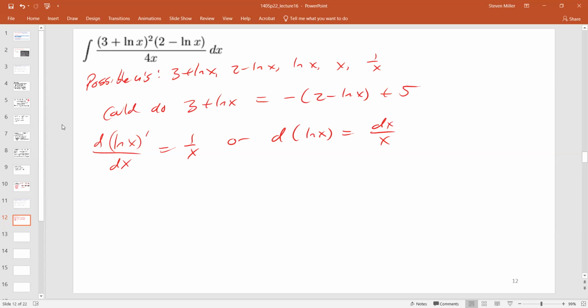So the integral of ln x to the 2022 times 1 over x dx. What does this equal? So can someone give me the antiderivative of the ln of x to the 2022 times 1 over x?